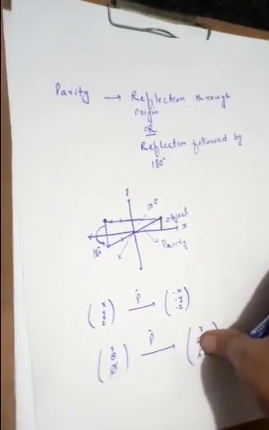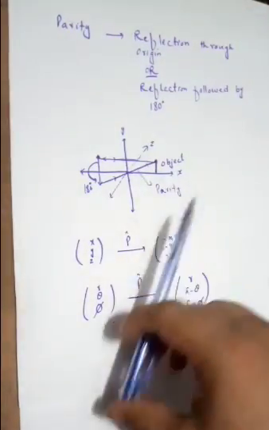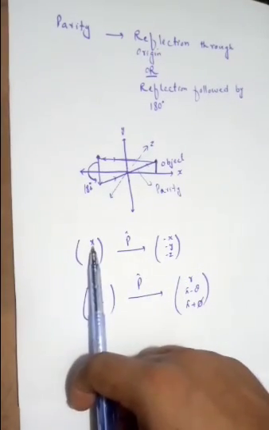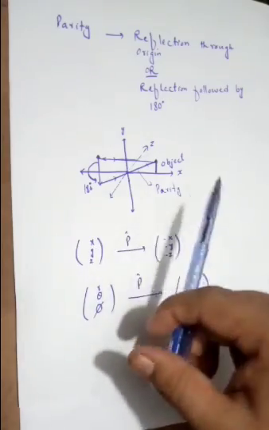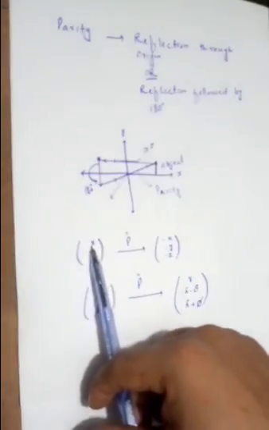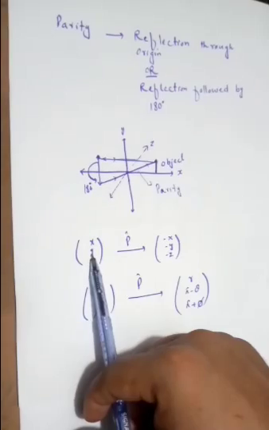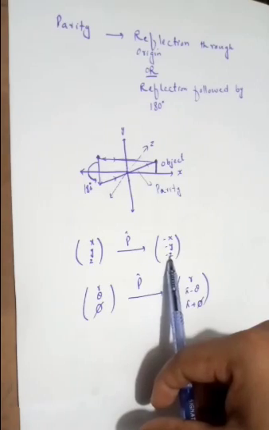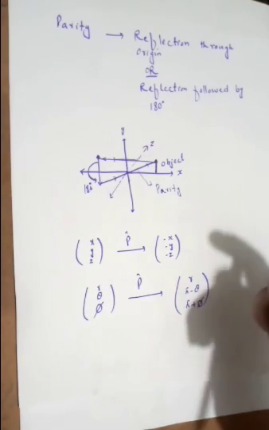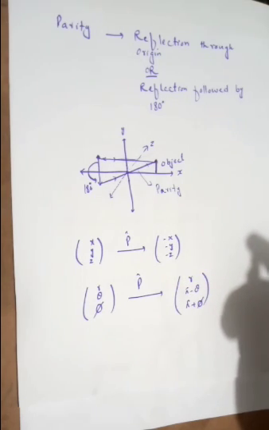It is such an operator that inverts the space coordinates, and it is also called space inversion because it gives the inverse of the space coordinates. That is, when an x appears it makes it minus x, when a y appears minus y, and z gives minus z. We apply the parity operator basically to know whether a function is odd or even.